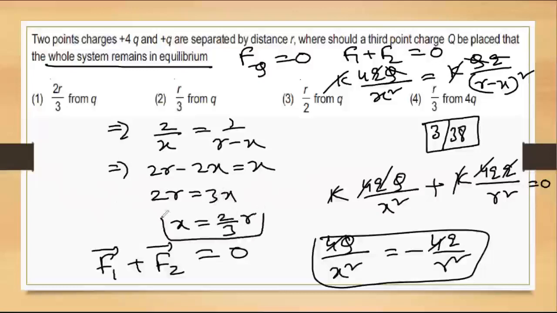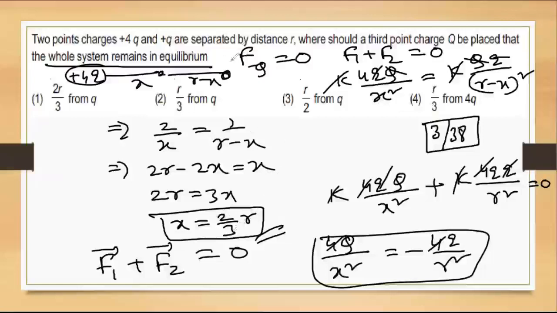And what is X? X is measured from the 4Q. In the figure you remember 4Q, and I have taken X from here, and that is R minus X. So that is 2/3 of R from 4Q.